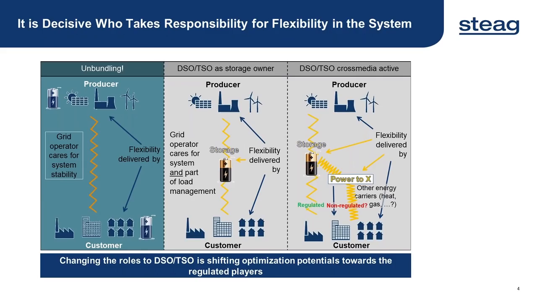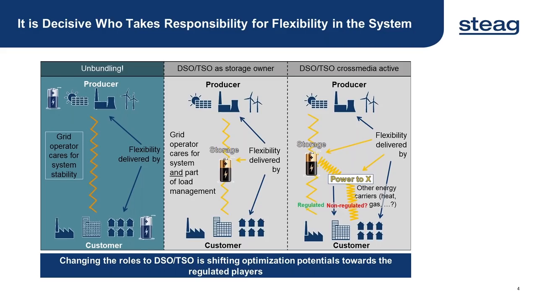This was part of our discussion on the clean energy package, but hopefully it will happen like Felix had shown, but I don't know in the end. It is really decisive who takes responsibility for the flexibility in the system. This is the headline of this slide.